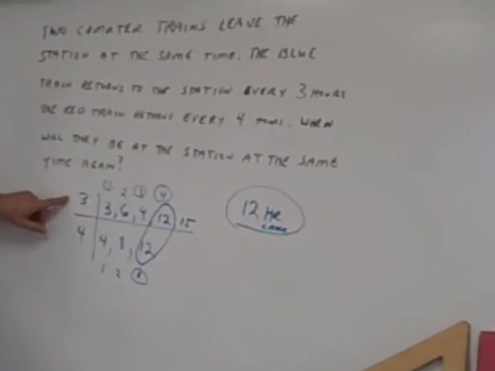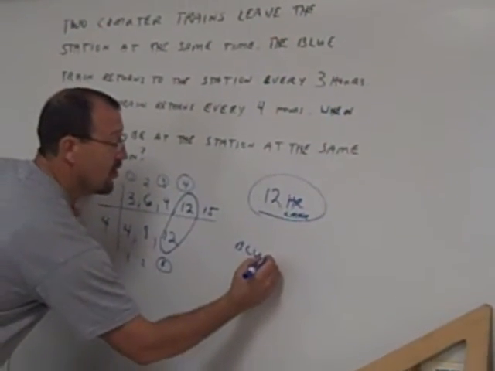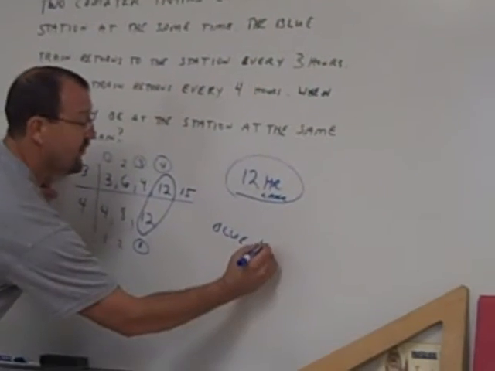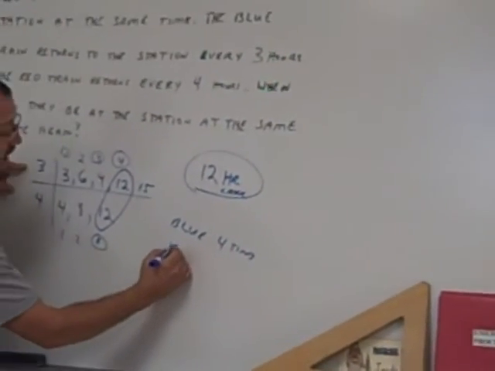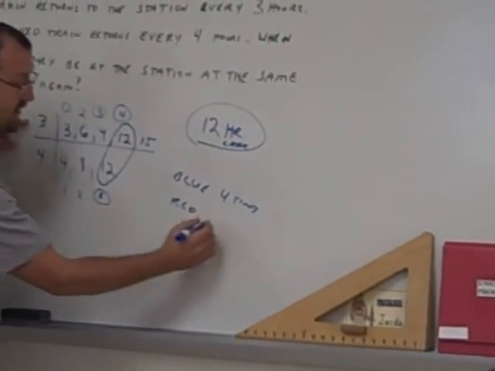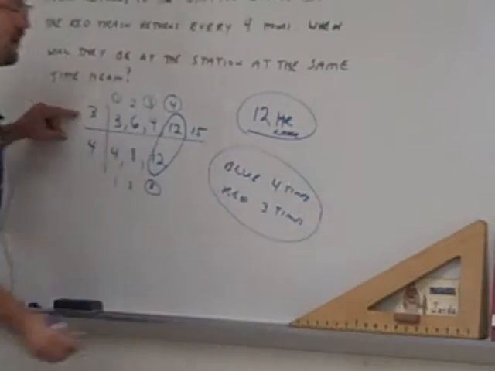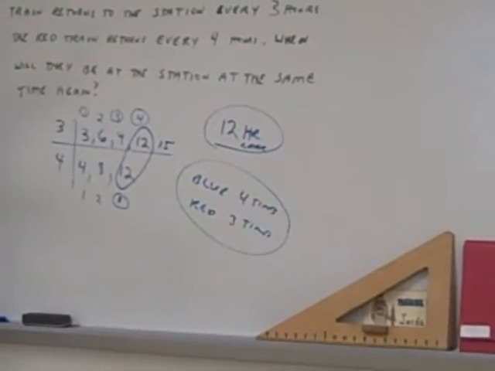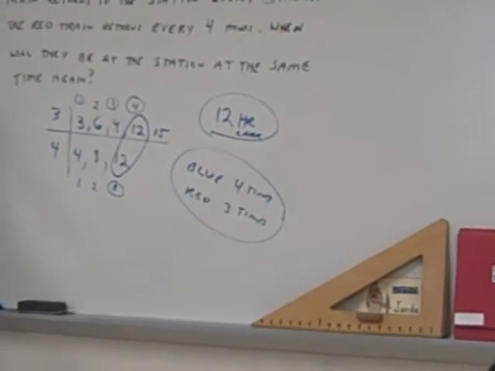So I'd have to say the 3 hour is the blue. I would say blue was 4 times and the red was 3 times. On the answers, they would put blue and red, blue and red.